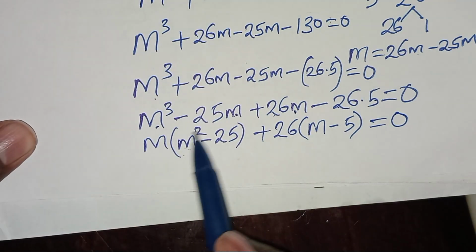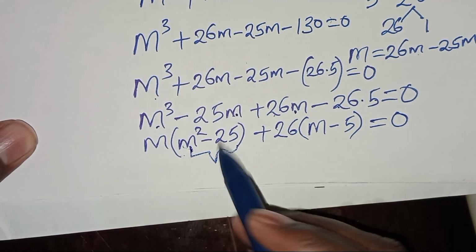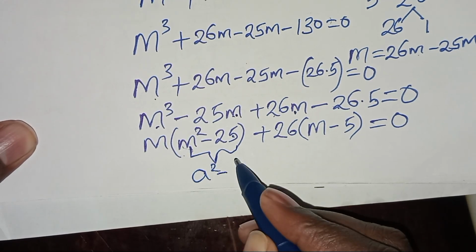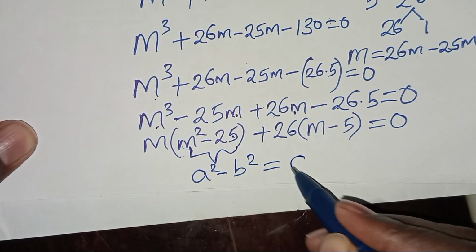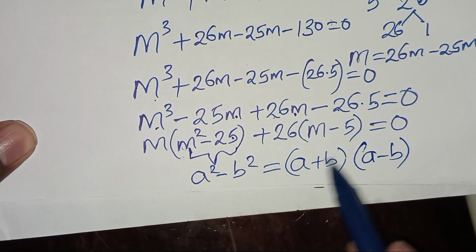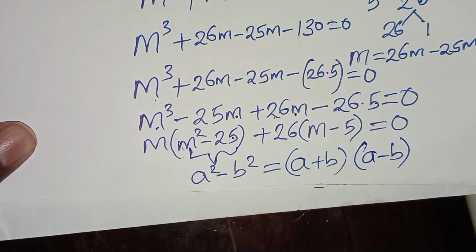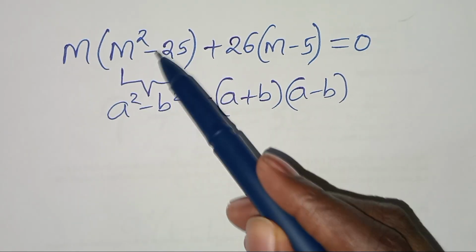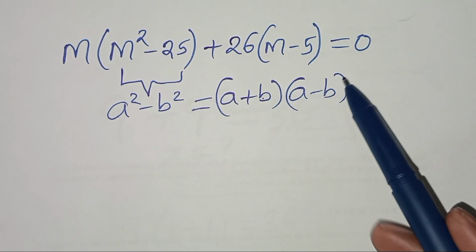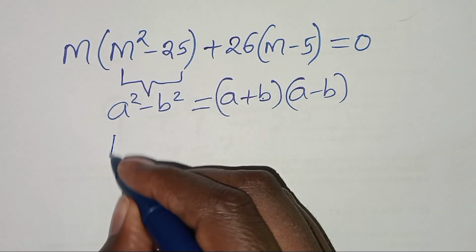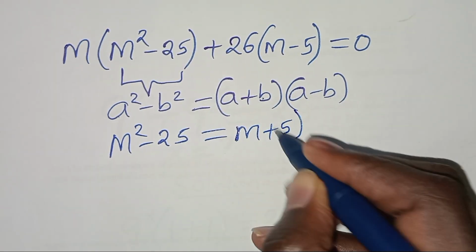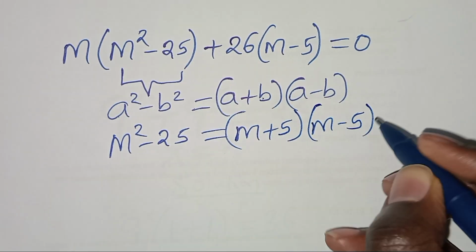Now we have this particular part, m squared minus 25. This is the difference of two squares, expressed as a squared minus b squared, which we can express as a plus b times a minus b. Applying this property, m squared minus 25 is the same thing as m plus 5 times m minus 5.